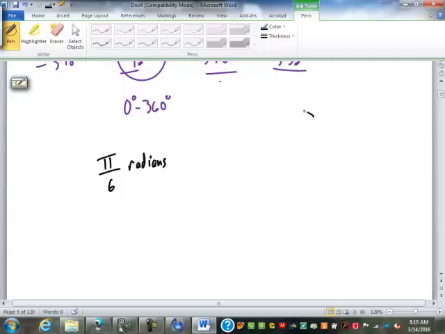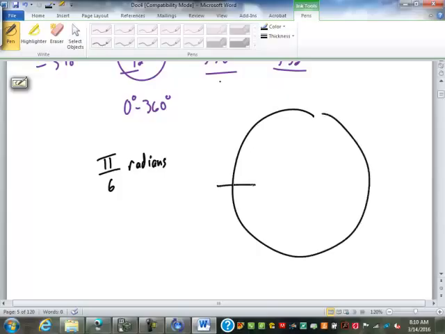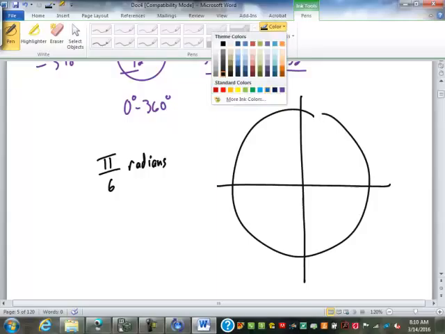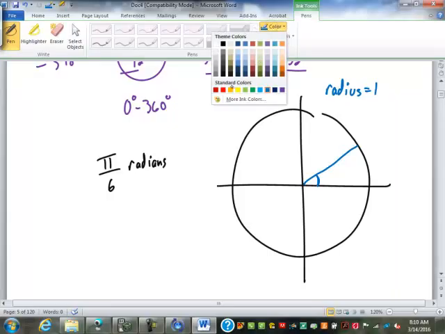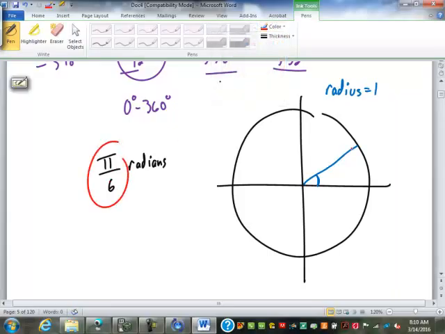Remember we said on a unit circle, pi over 6 radians is the angle, whatever angle I could put here. Remember, the unit circle has a radius of 1. Pi over 6 radians is saying whatever this angle is that gives me an arc length here of pi over 6.